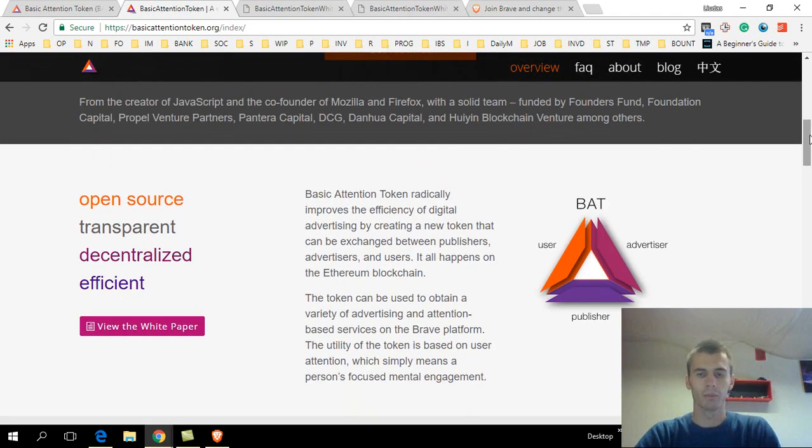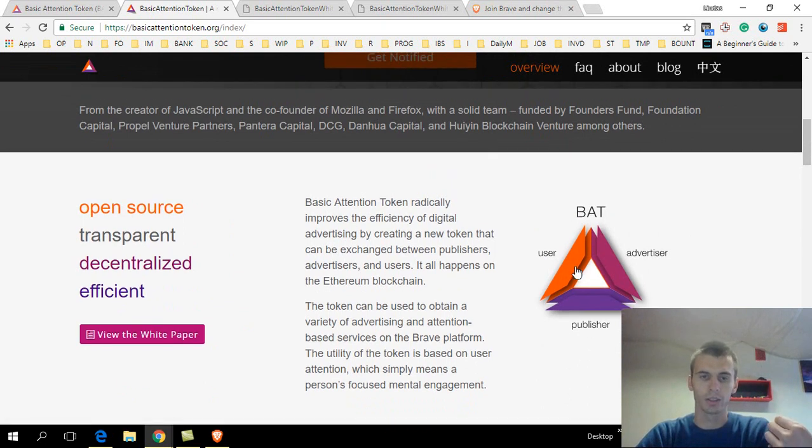So let's talk about the current problems on the internet. Right now there's the user, the advertiser, and the publisher of content. Let's talk about the user problems. The user sees lots of ads. The user downloads ad blockers to not see those ads and to improve their experience, but the ad blockers aren't very honest.